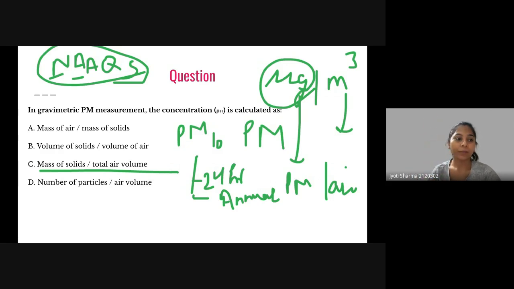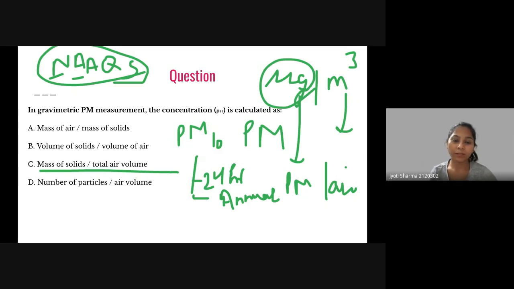And we can impose some penalty if someone is exceeding one particular value. So can you tell me that value for 24-hour or for annual? And the unit is again this microgram per meter cube.